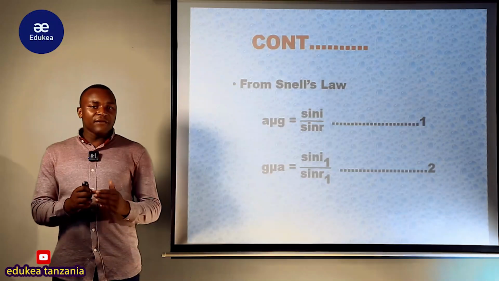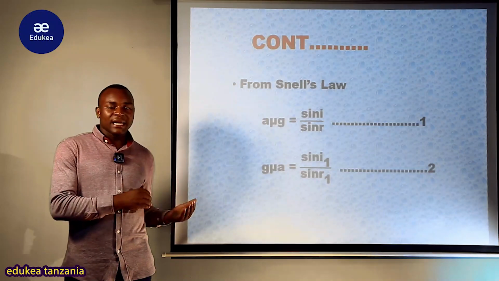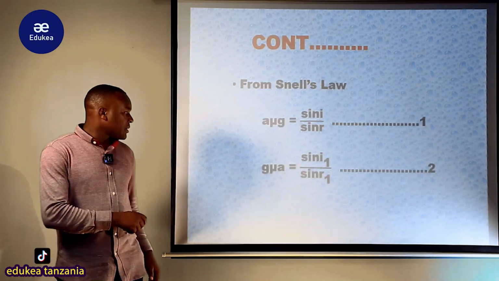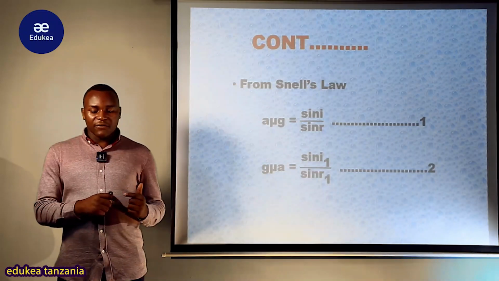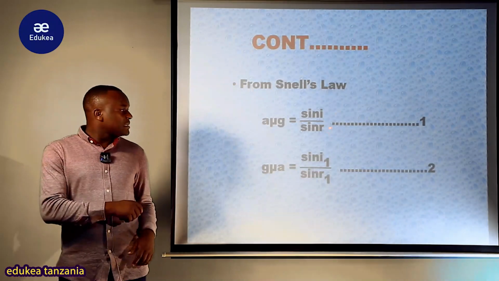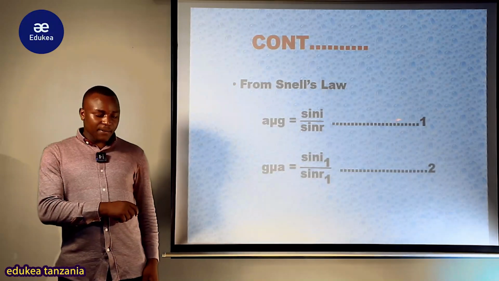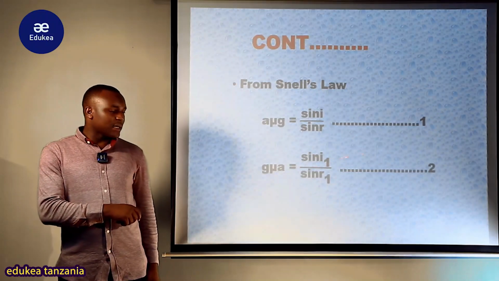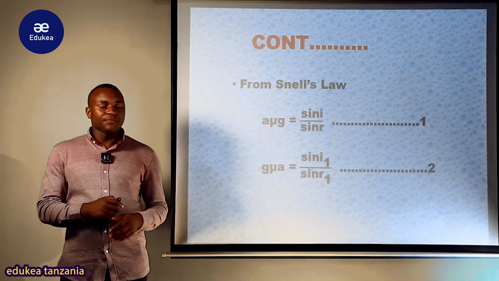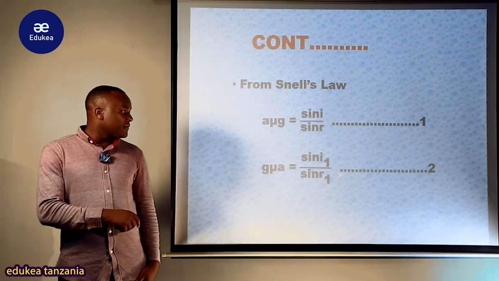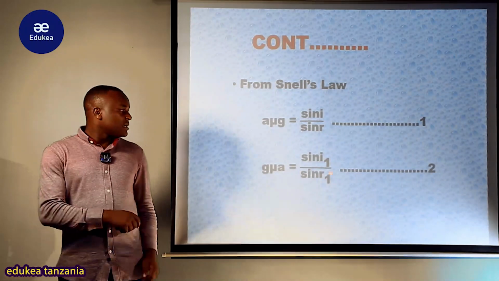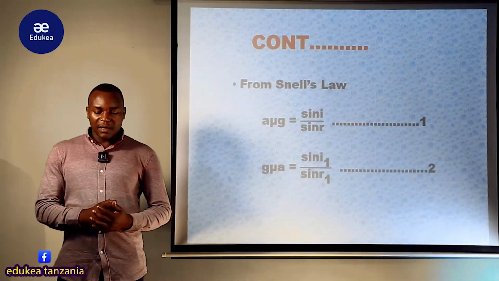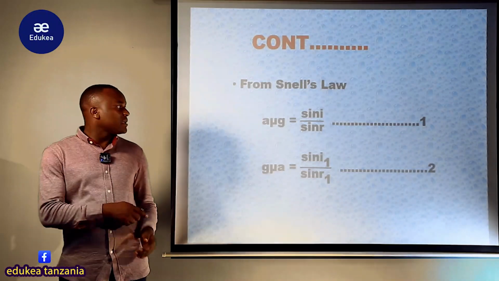So refractive index nikitoka kwa glass nikienda kwa air itakuwaje? Itakuwa sawa sawa na sine wa angle of incidence, but incidence yangu hapa itakuwa ni incidence 1, nitagawanya kwa angle of refraction, but refraction itakuwa ni R1, nitapata equation ya pili. Kwa sasa hivi tuna equation mbili.